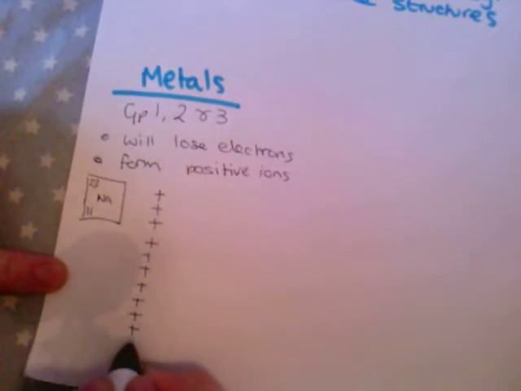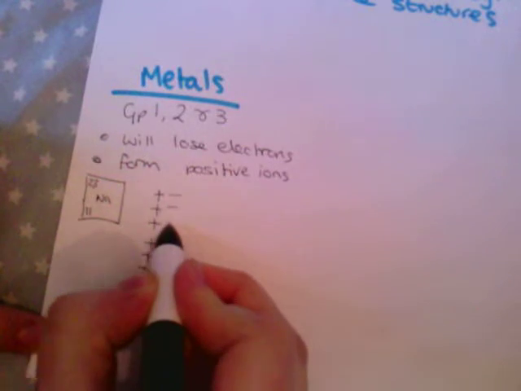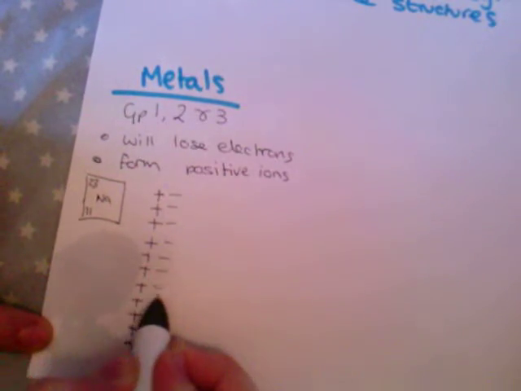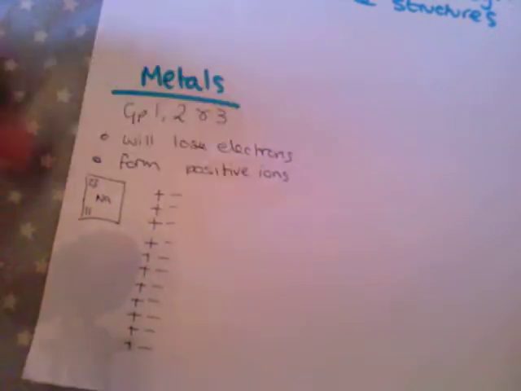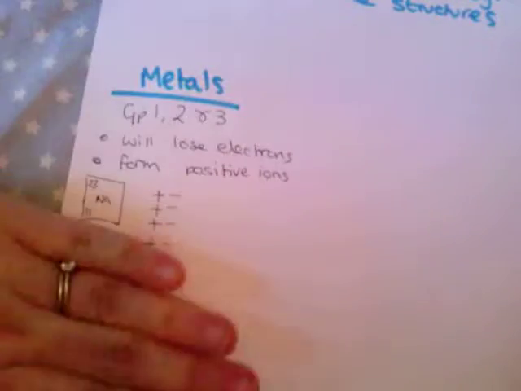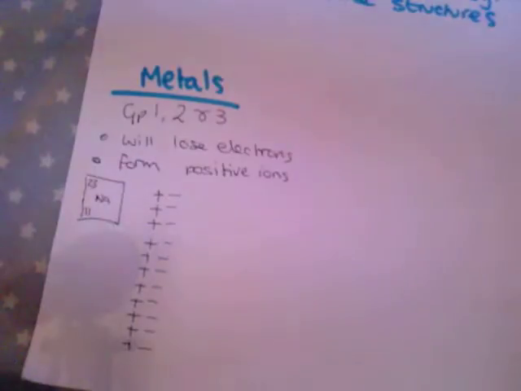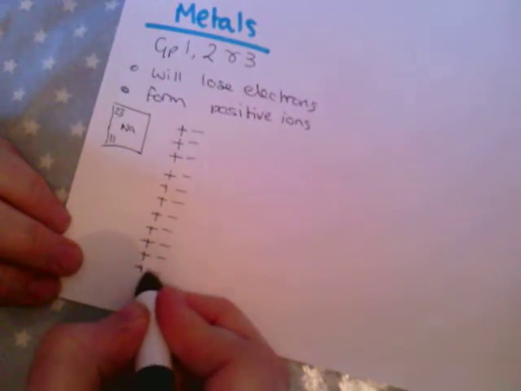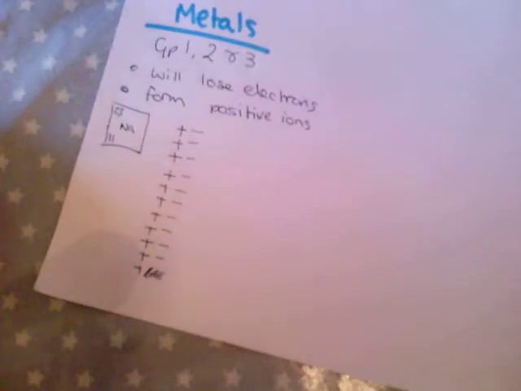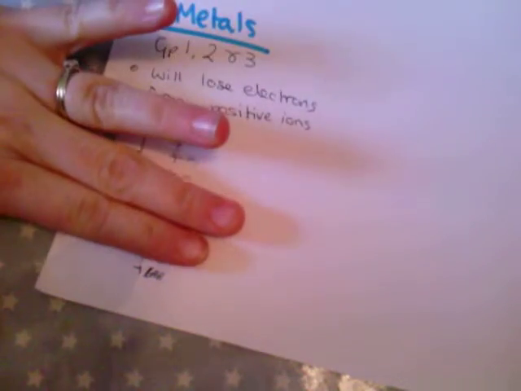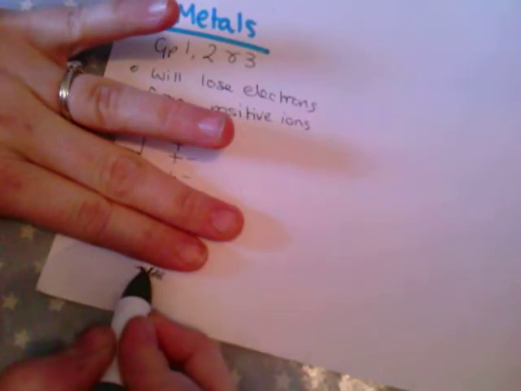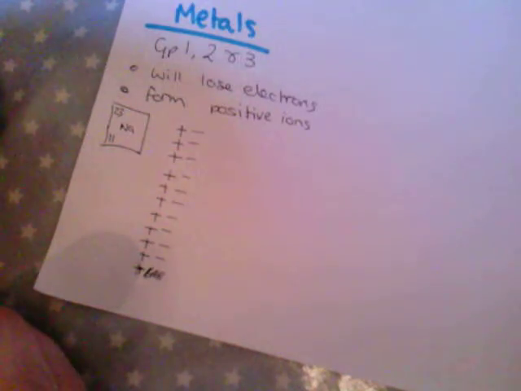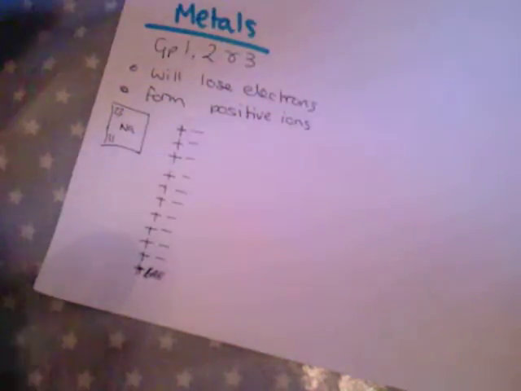And they have 11 electrons because an atom does not have a charge. So these positive and negatives must balance out. When we ionically bond, the metal loses one of those electrons, and so all these ones cancel out, but we have a net positive charge there. Okay, and you can do this for the non-metals too and see the same pattern.